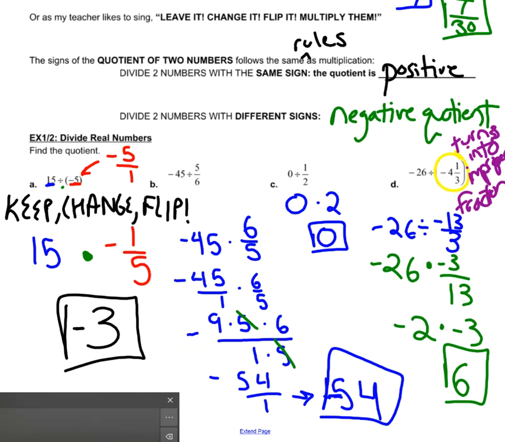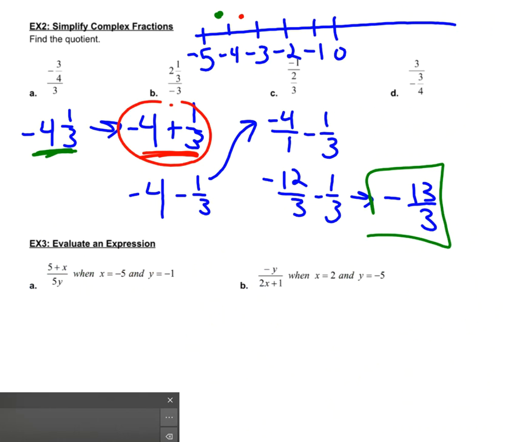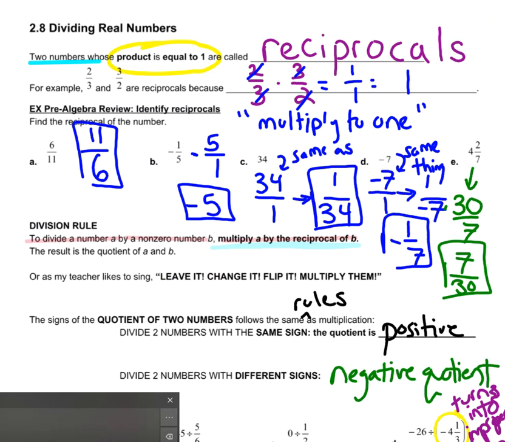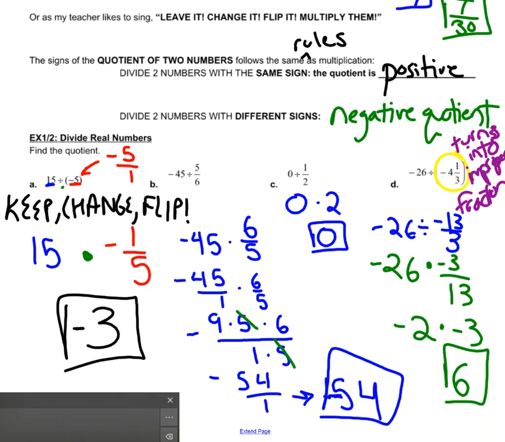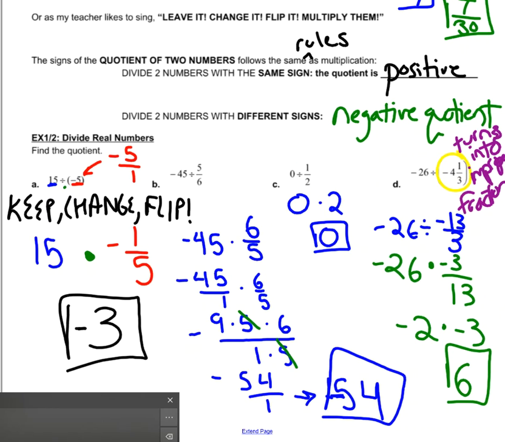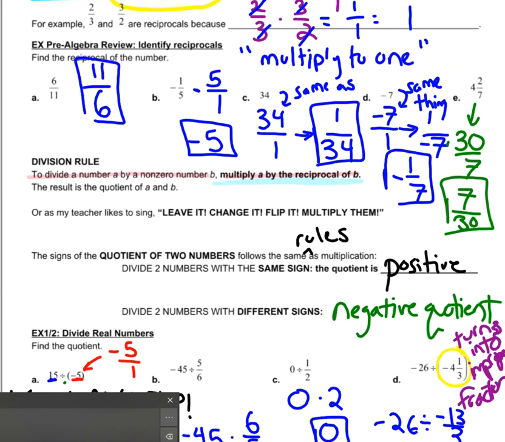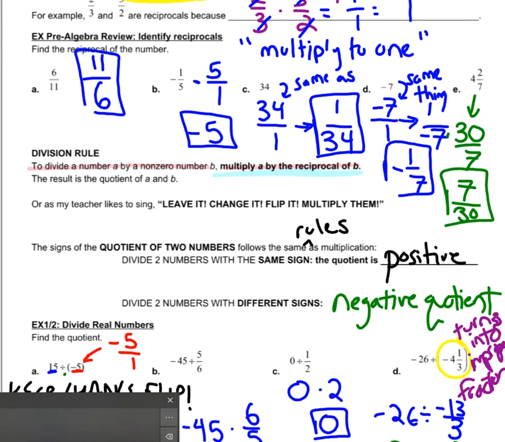Okay, we will finish the rest of these notes, pages 5 and 6, tomorrow. But for now, the major takeaways for dividing integers, or dividing real numbers, is 1, don't forget to keep, change, flip. 2, reciprocals.